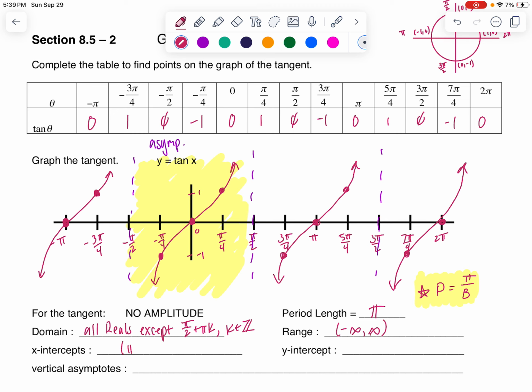The x-intercepts are pi times k comma 0, where k is in the set of integers. The y-intercept is at 0 comma 0. And then we have the vertical asymptotes, when x is equal to pi over 2 plus pi times k for some k in the set of integers.